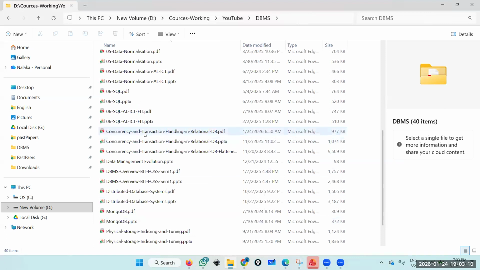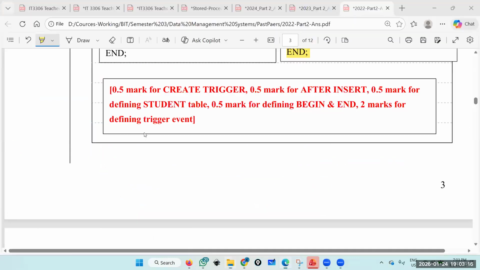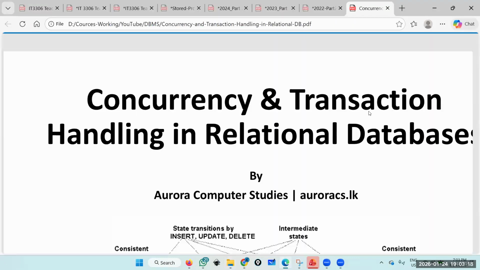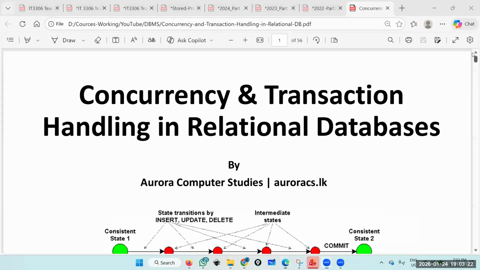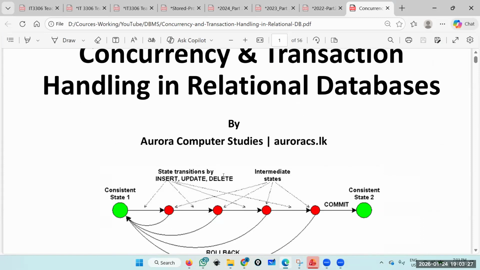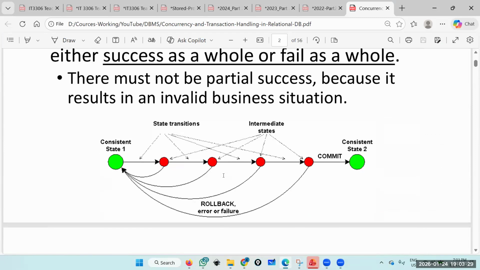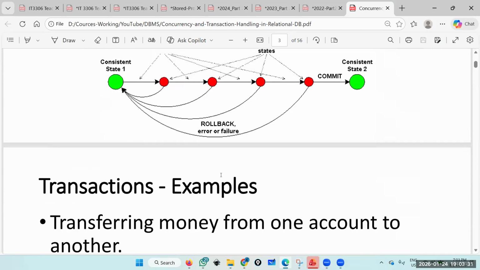Concurrency and transaction handling. Right, so remember in transaction handling, there are some situations where, okay, let me take the PowerPoint.